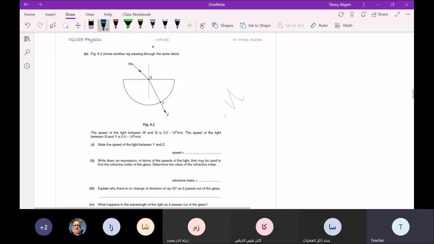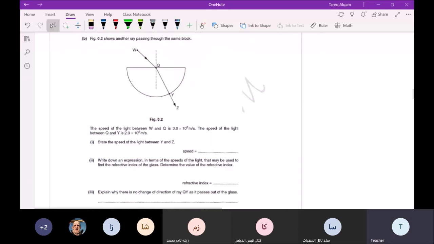This is a question from past papers. Figure 6.2 shows another ray passing through the same glass block. We are given the speed of light between W and Q, and between Q and Y. Here in air, here in glass.